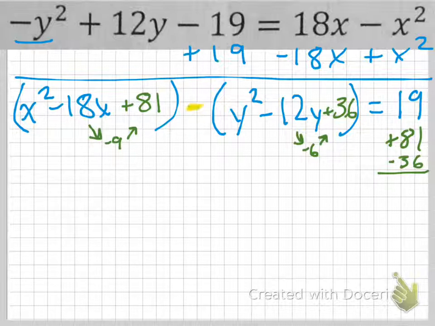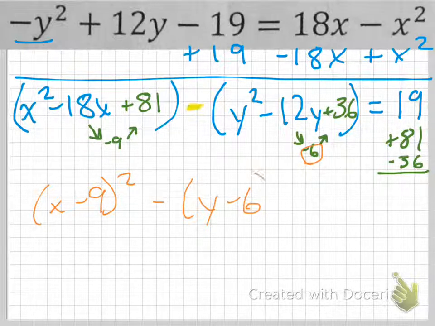Okay, so what do we end up with? On the left, now we've got the binomial x minus 9 squared minus y minus 6 squared. And then on the right, 19 and 81 is 100.